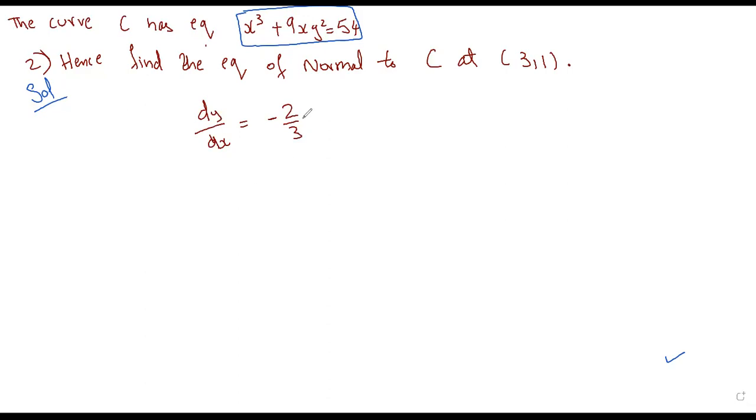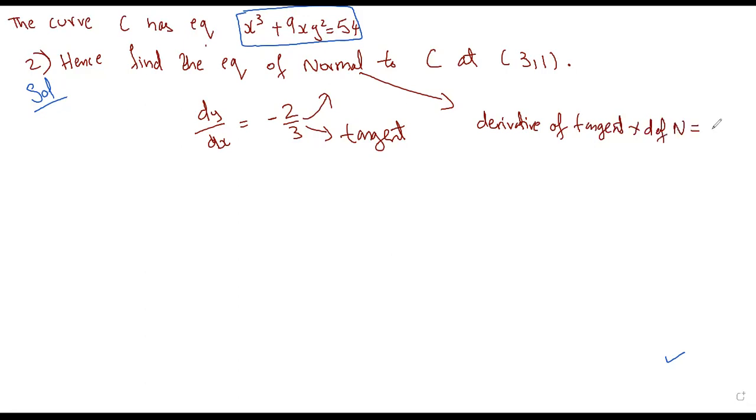If this is the derivative of the tangent, what would be the derivative of the normal? I'll tell you. Derivative of tangent into derivative of normal is -1. This is the rule.